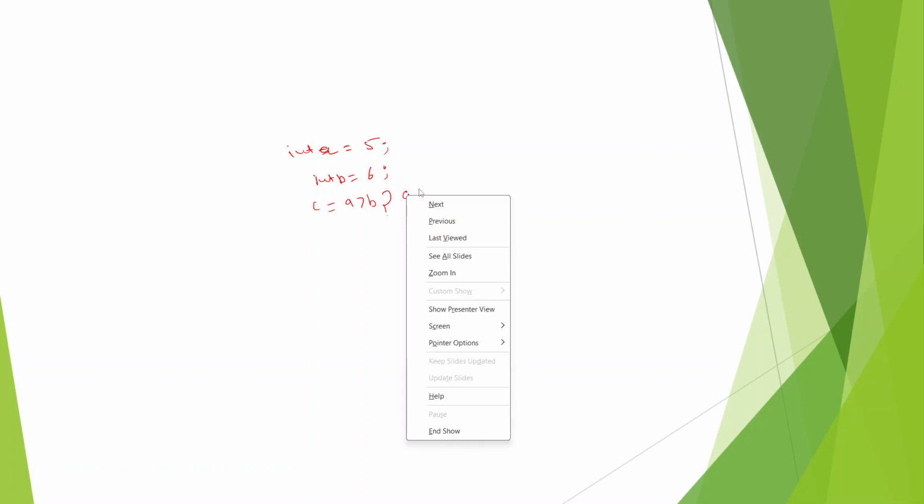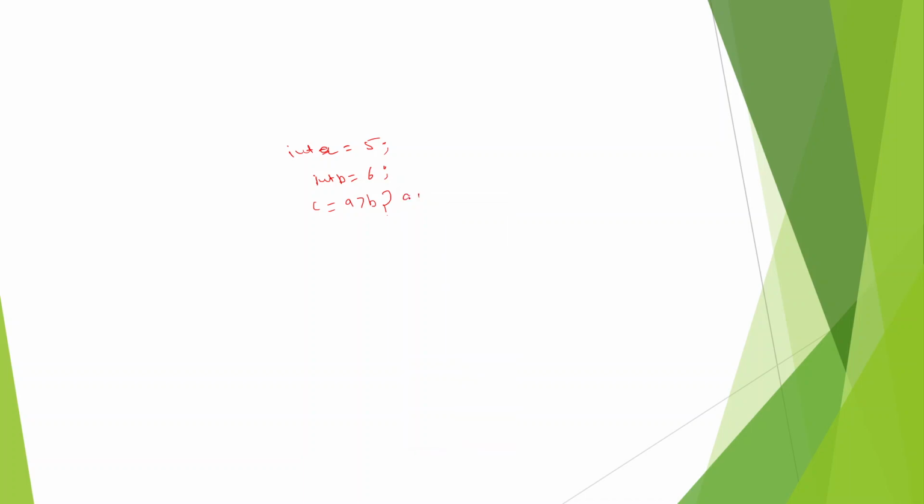Suppose we have int A equal to 5, int B equal to 6, then C is equal to A greater than B, question mark, A, colon, B. This is our condition.